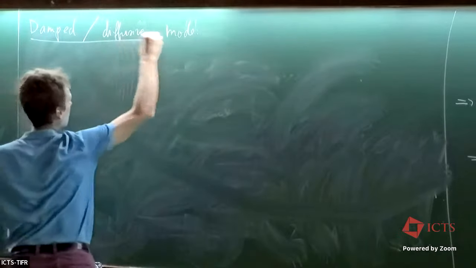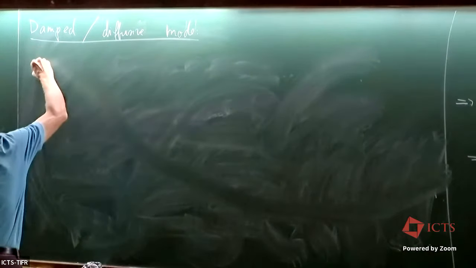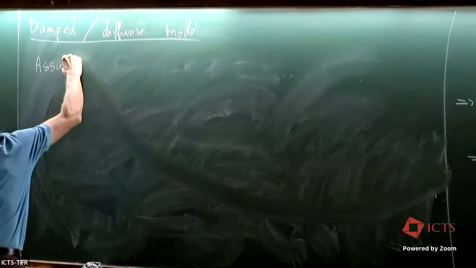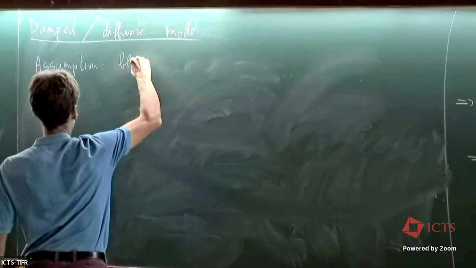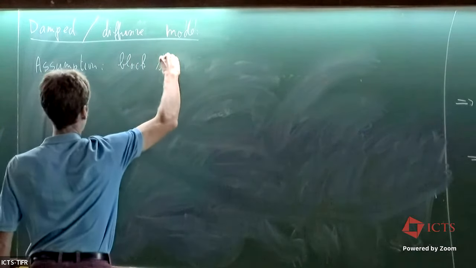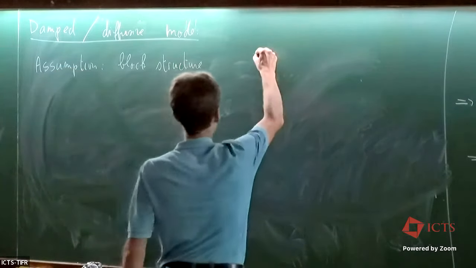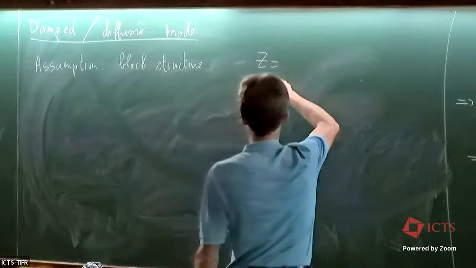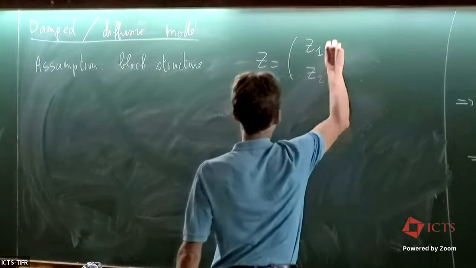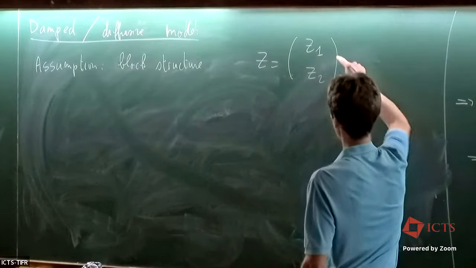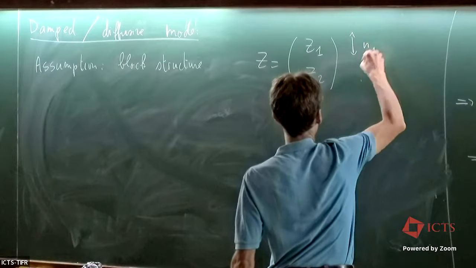So I will make more assumptions. My assumption is that I have a block structure. It would be easier to do it in that way. What I mean is that I can split Z into two parts, one part with N1 components and another one with N2 components.